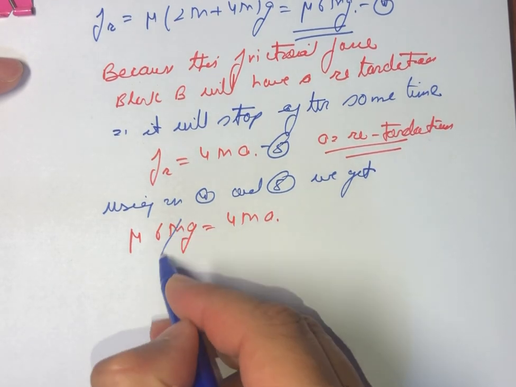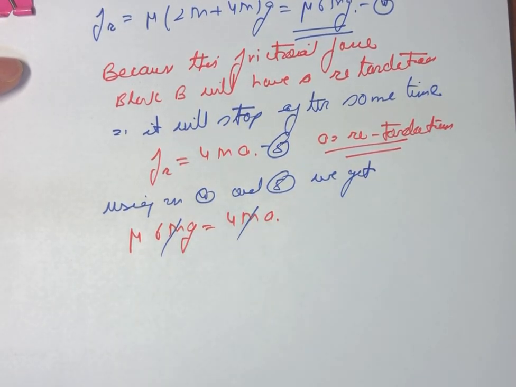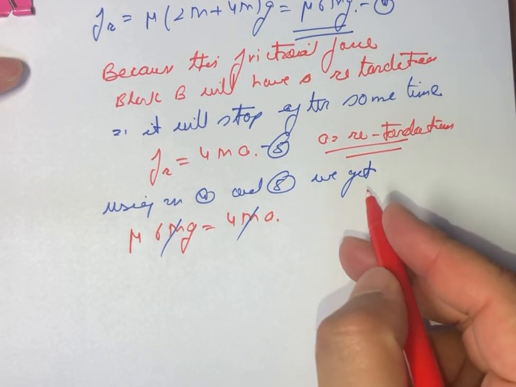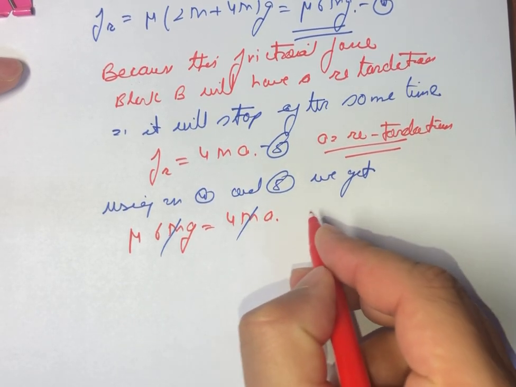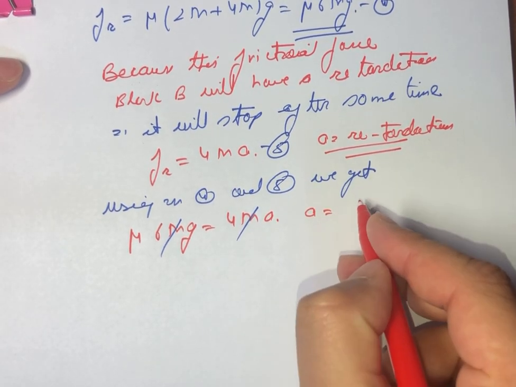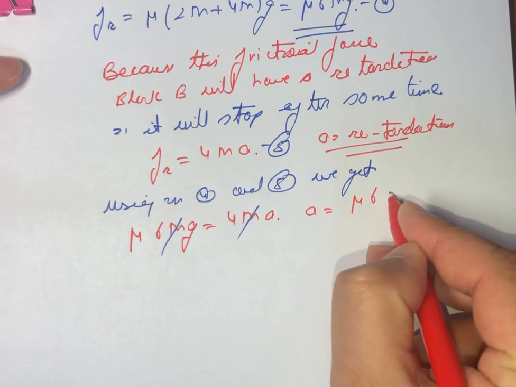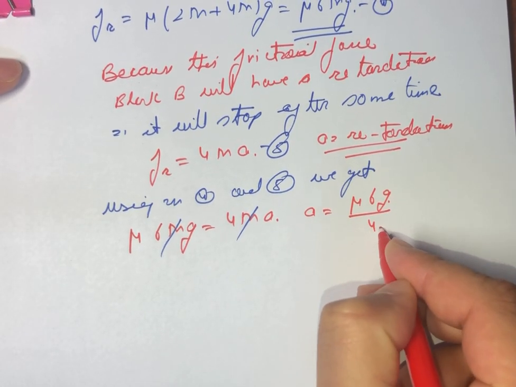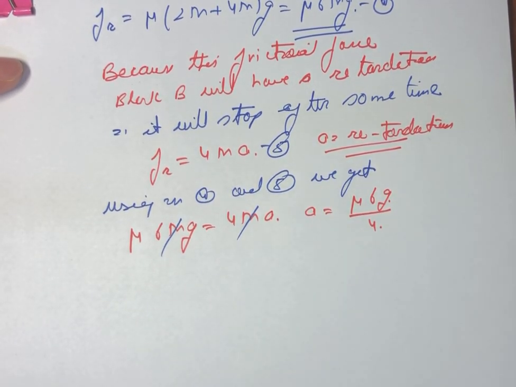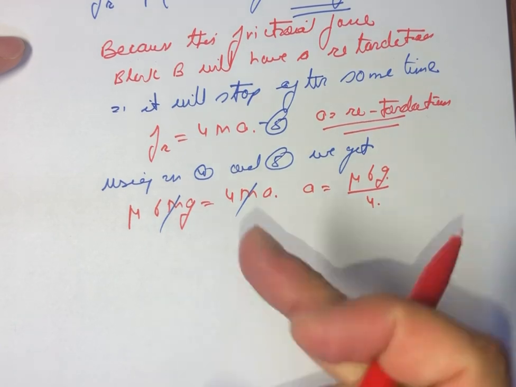Here m and m cancel out, and we can write that the value of acceleration a will be equal to mu 6g divided by 4. And we can solve it further, which we can do later also.